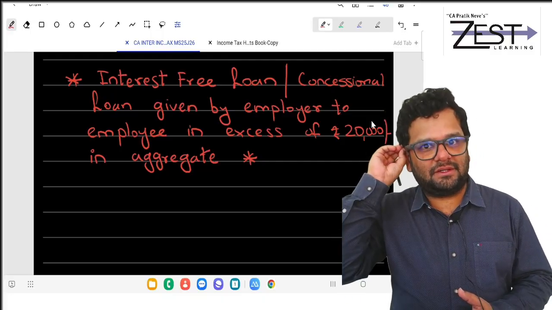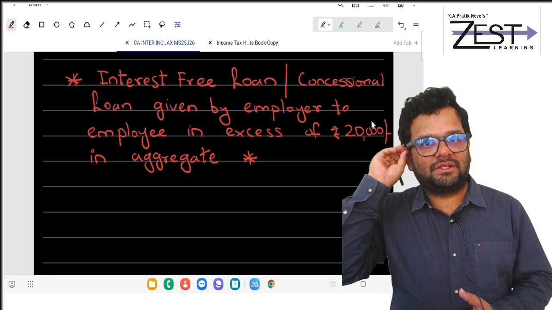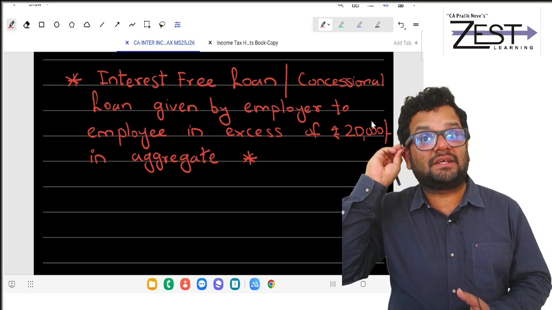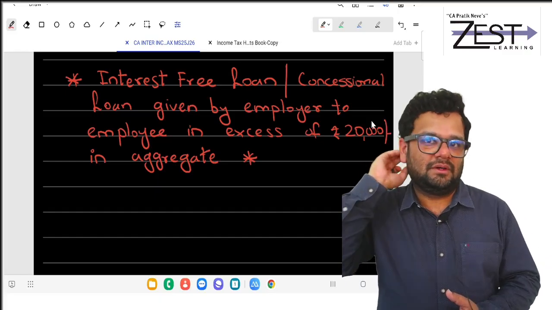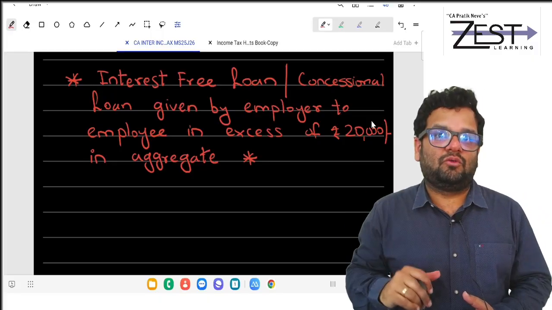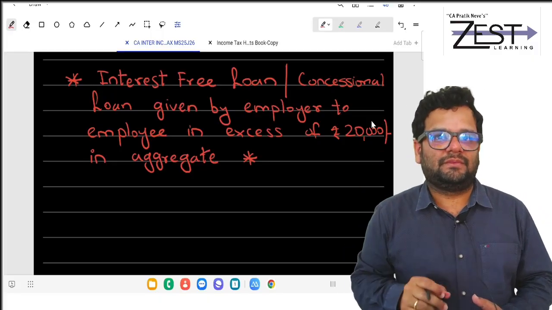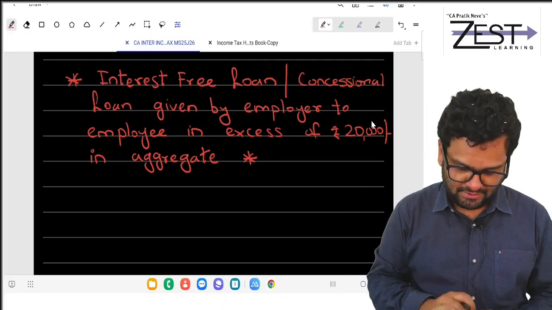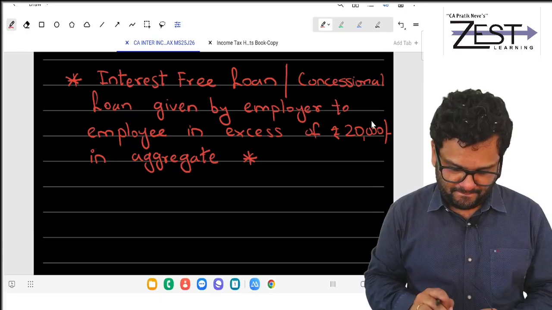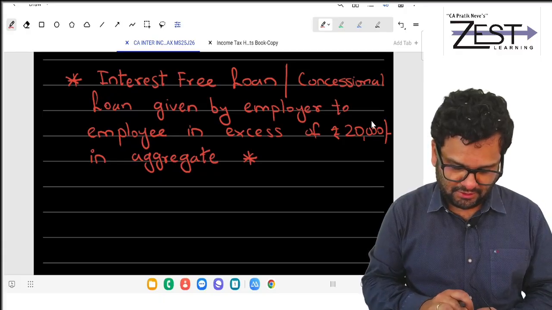Interest free loan which is taken from the employer, exceeding 20,000. What will be its value? That's what we are discussing. Pay attention.